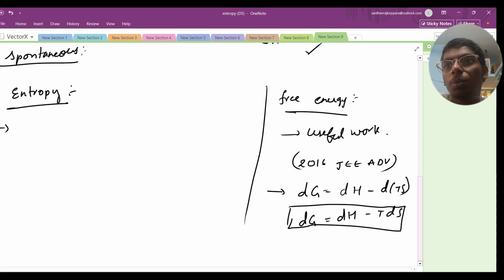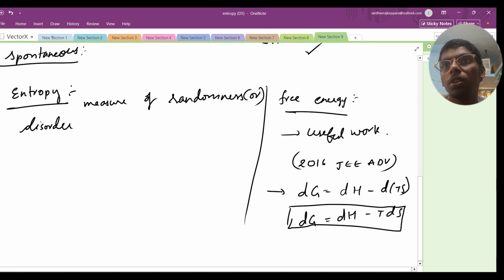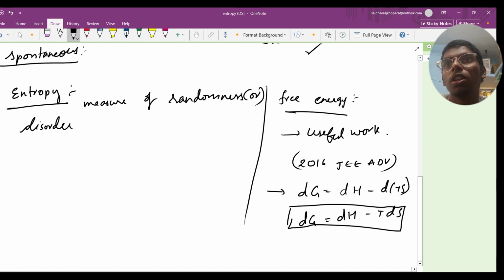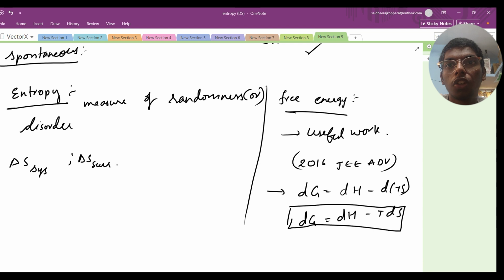Coming to entropy, what is entropy? Entropy is simply randomness or disorder, a measure of disorder. Here again we have delta S of system, delta S of surroundings, and delta S of universe.